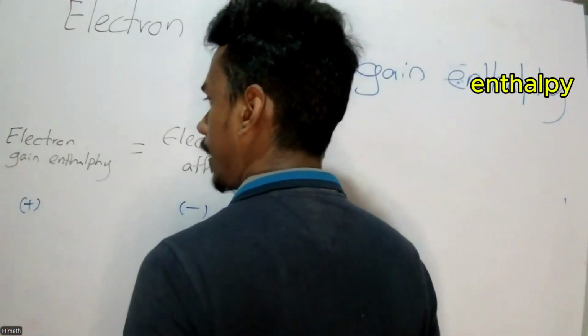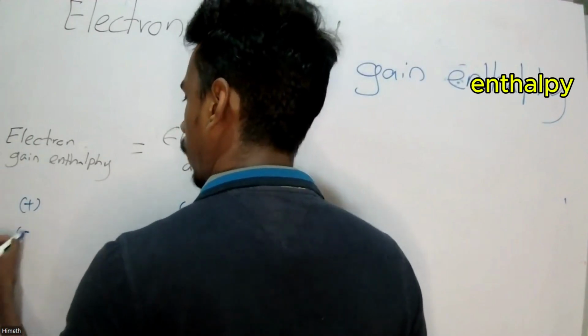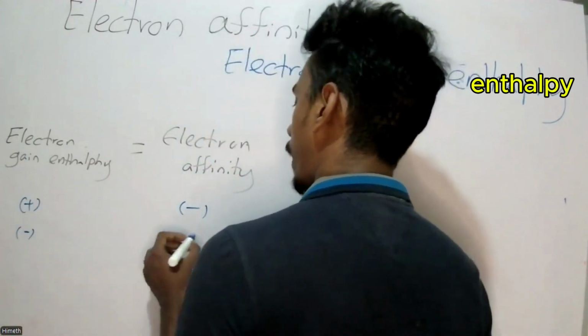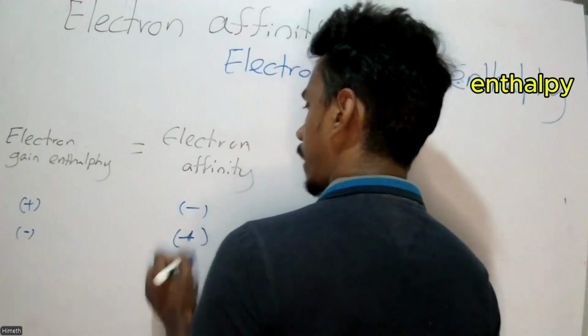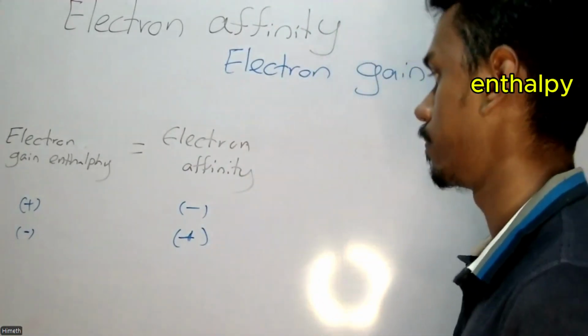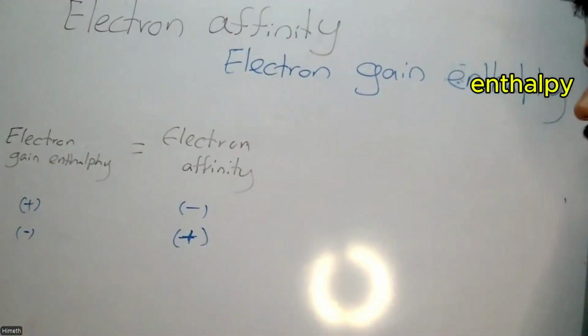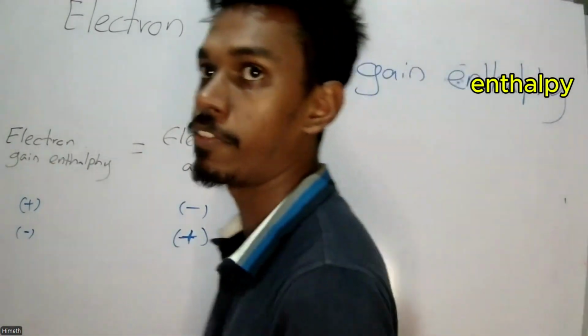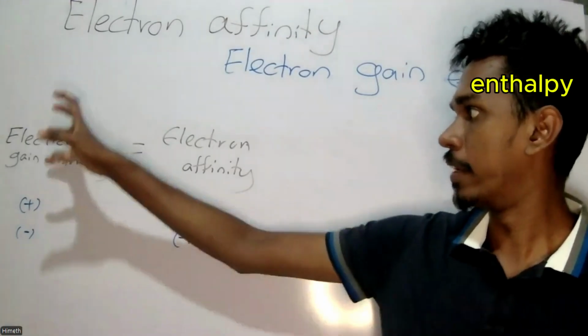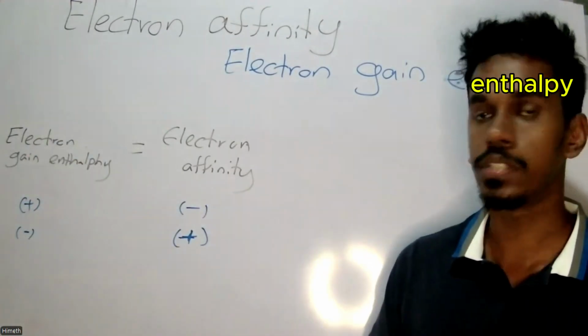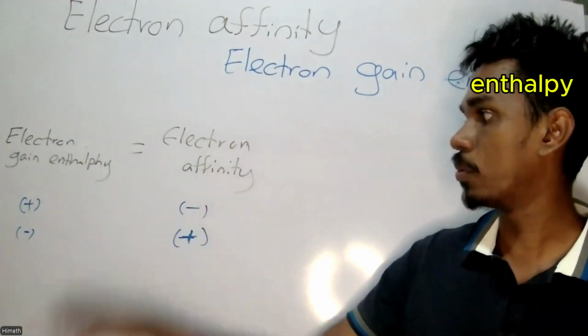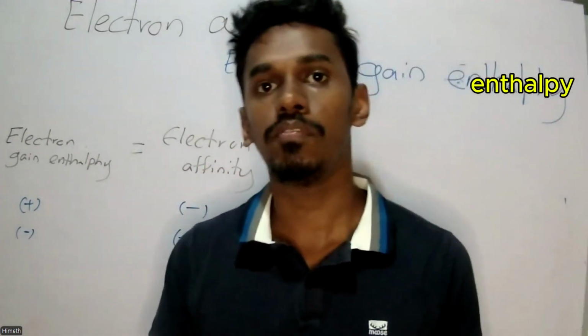If the electron gain enthalpy has a negative sign, then electron affinity of that atom will have a positive sign. So this is the connection between these two things. Now let's clarify how, when the electron gain enthalpy comes with a positive sign, electron affinity comes with a negative sign.